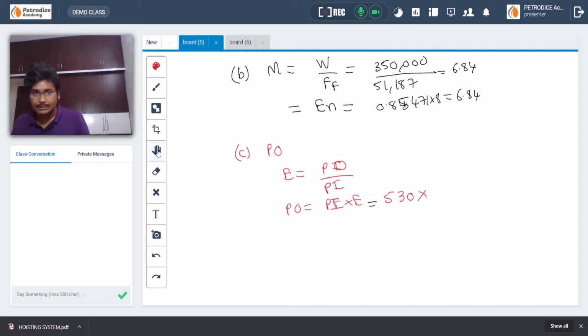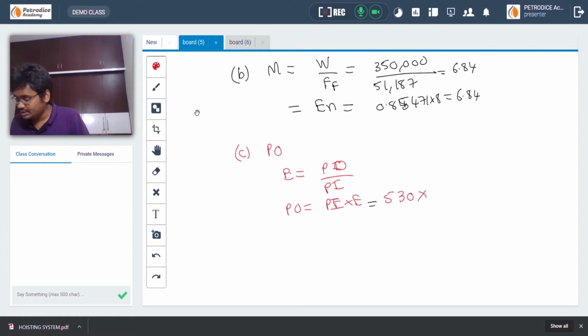That plays a huge role, because between the drawworks and the traveling block there is the block and tackle system, and that will be the efficiency of the system.